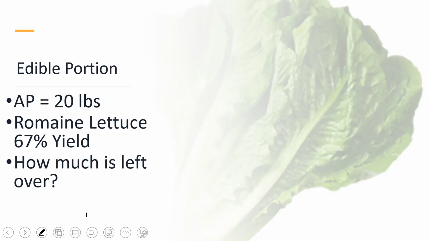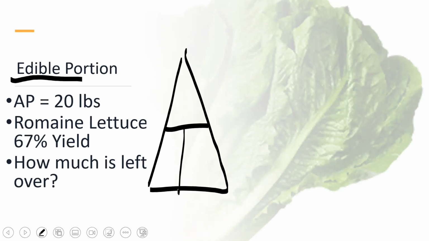So let's take a look at how we can use that 67% yield factor. If we start with 20 pounds of romaine lettuce, we are looking for our edible portion. How much of the product is actually going to be remaining so I can serve it?